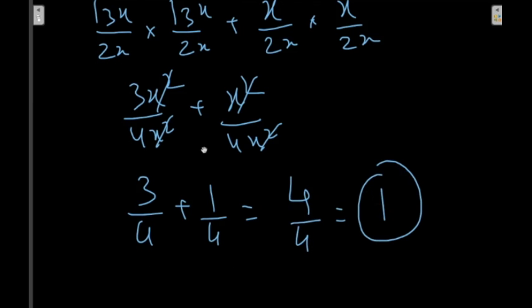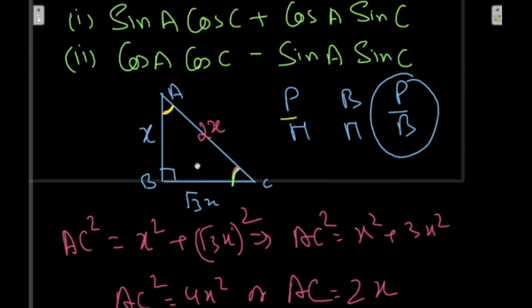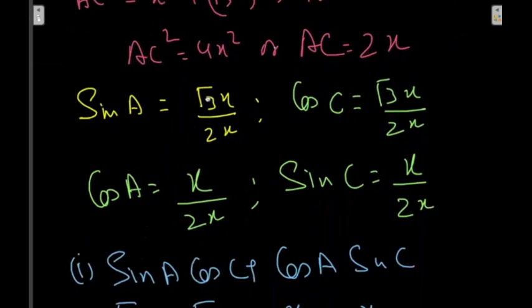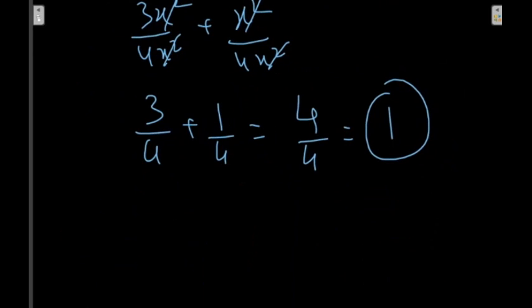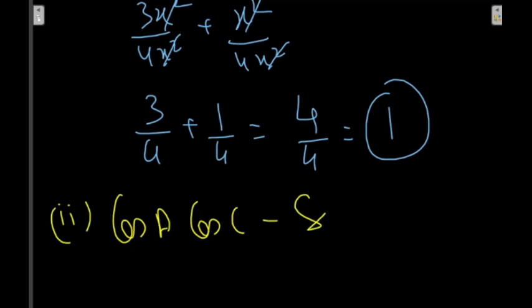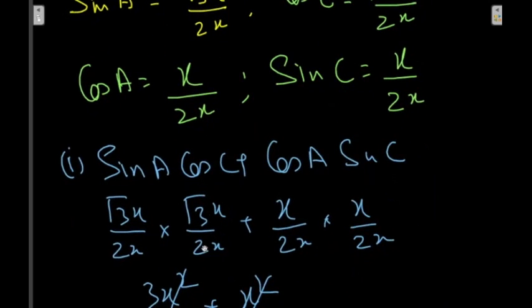Now let's take the other part, which is cos A cos C minus sin A sin C. The second part is cos A cos C minus sin A sin C. Now what is cos A? x over 2x.